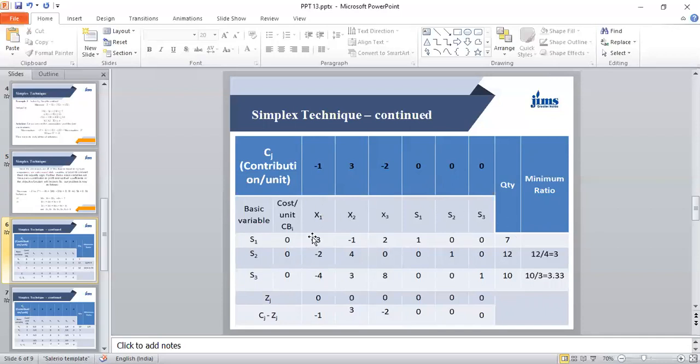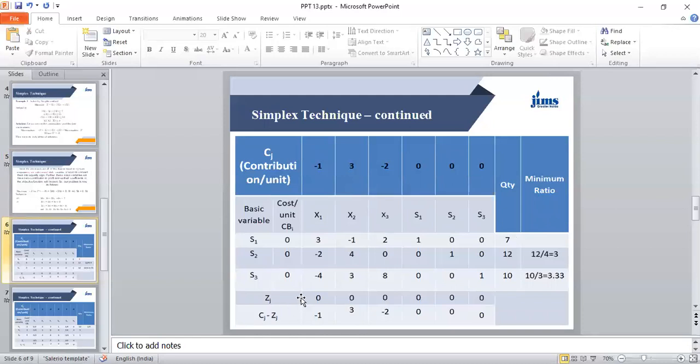So here we multiply 3 into 0, 0, minus 2 into 0, 0, minus 4 into 0, 0. The summation of all these is 0, because s1, s2, s3 all have contribution 0. So in every case the multiplication will be 0, and the sum of the multiplication will be 0. So we write 0, 0, 0.